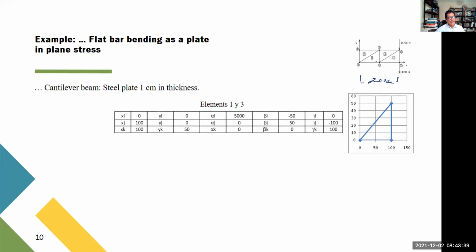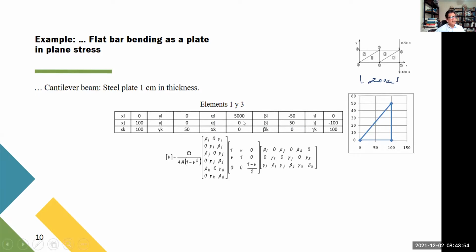Joint 2 is 100 and 0. And joint 3 is 150. From there, you calculate alphas, betas, and gammas. Knowing that it is steel, you can take the value for nu and E. The thickness is uniform, 1, and you can calculate the area easily.